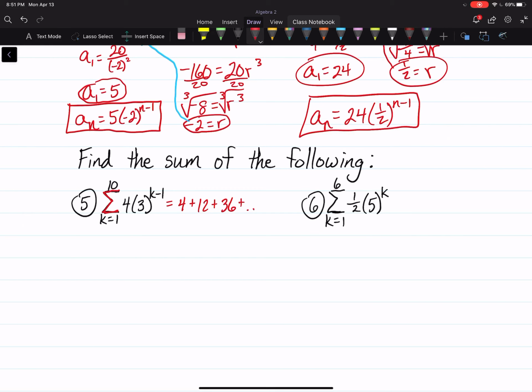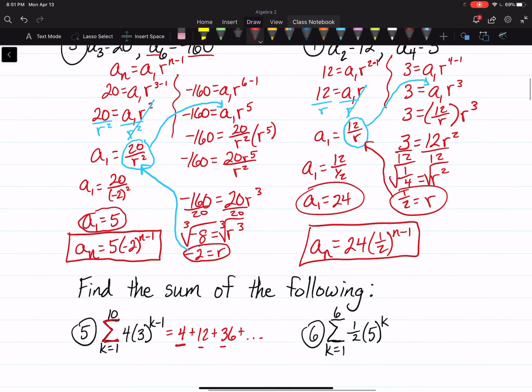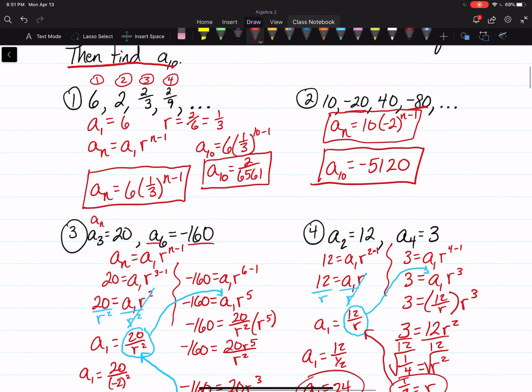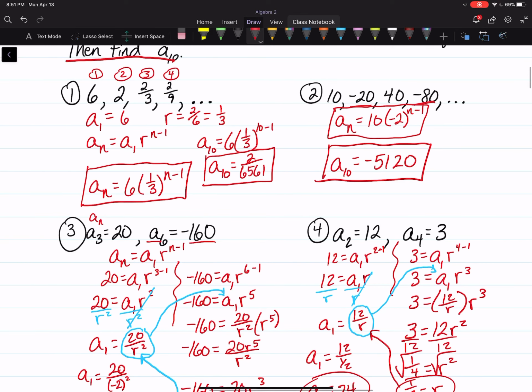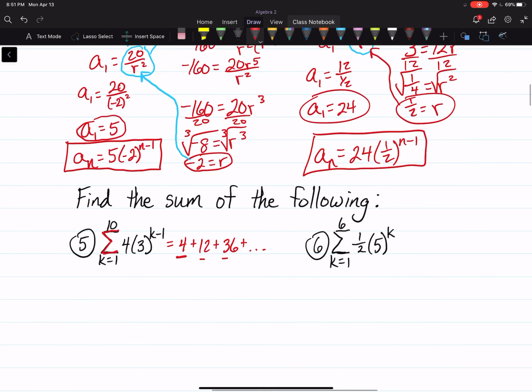And you would just keep going until you had all 10 terms. Well, with geometric series, this is a series. A series is when you add them up. A sequence is just when they are just numbers like this written down in a row, okay? A series is doing the same thing, but you're adding them in between.